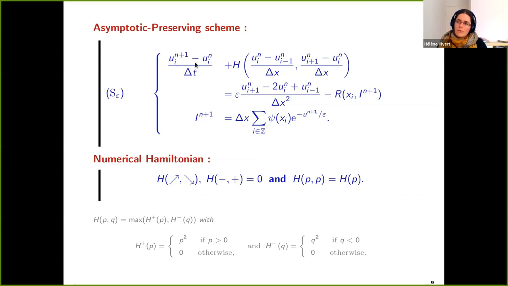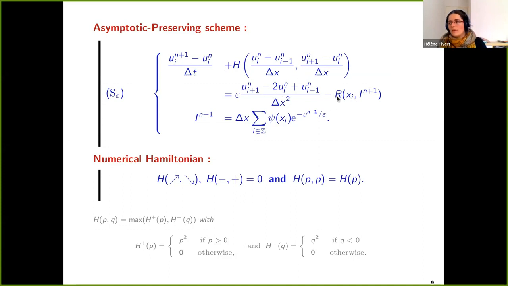There was a time derivative, so I approximate it with a finite difference in time. In fact, all the scheme is designed with finite differences. Well, I skip H for the moment. You had epsilon times the Laplacian, so you use the usual approximation of the Laplacian.